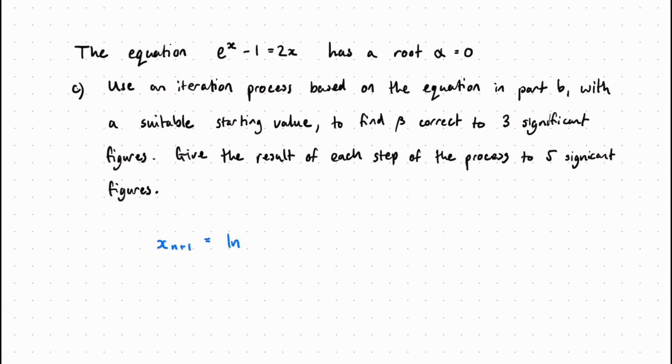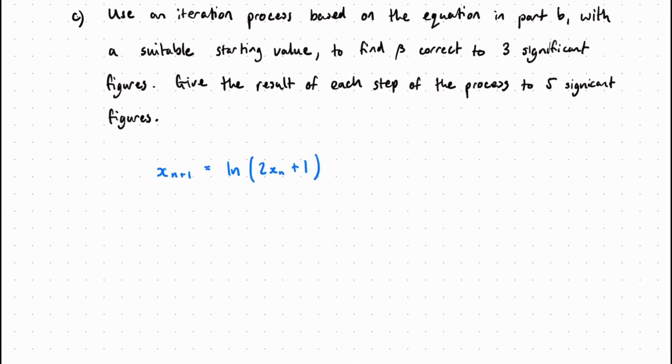So ln of 2 lots of our x(n) plus 1. The next number in the sequence is equal to log of 2 times our current number in the sequence plus 1. It says using a suitable starting point. Well, we know that the root is between 1 and 2, so let's choose a number between 1 and 2 to start with. I'm going to start off with 1.5.